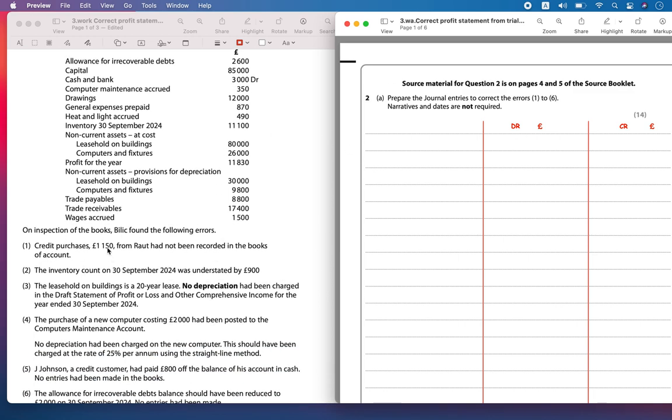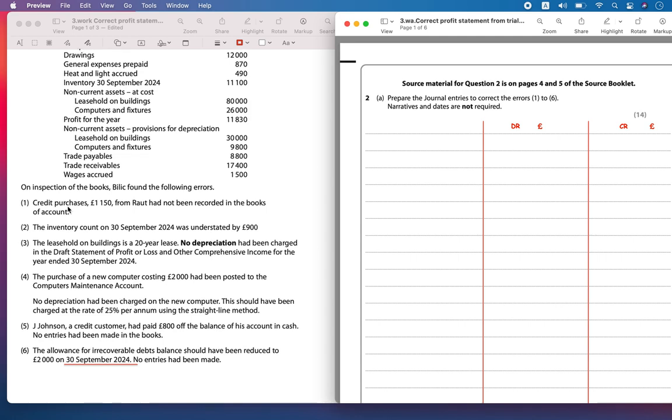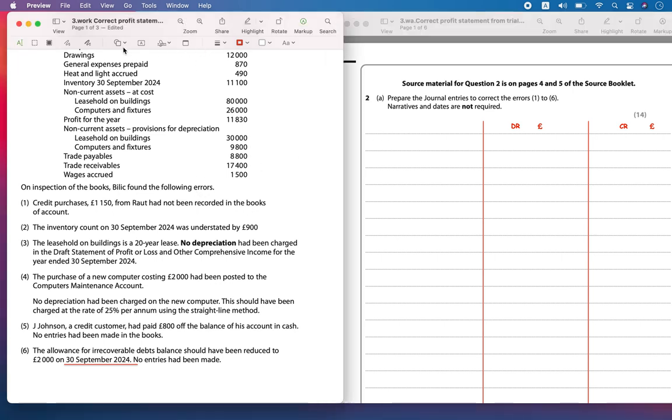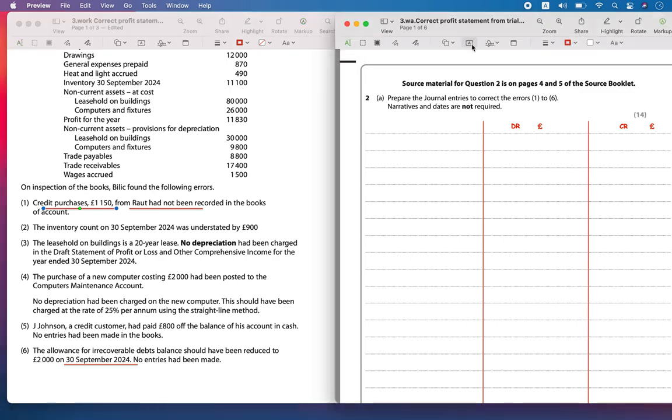So these are the inspection and he found the errors. The first one is the credit purchases of 1150 from Roth had not been recorded in the books of account. So the two accounts that are going to get affected: one is the Roth account and the other one is the purchases account. Because it is not even recorded in the books, the double entry would not have happened.